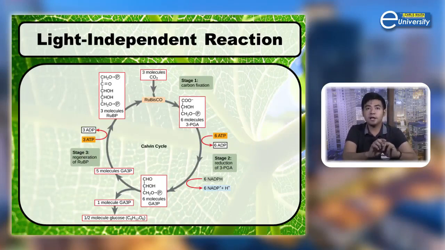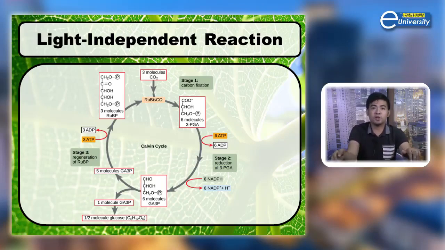In the process of carbon fixation, the carbon dioxide, which combines with the 4 carbon molecule, will be divided into two molecules of 3-PGA, or glyceraldehyde phosphate. These molecules of glyceraldehyde phosphate will be submitted into stage number 2.